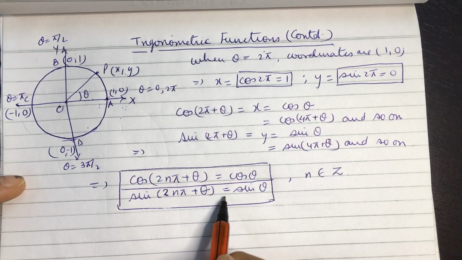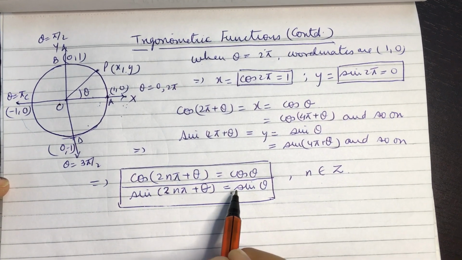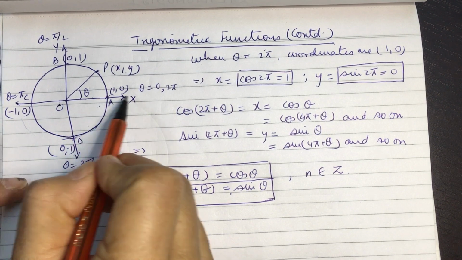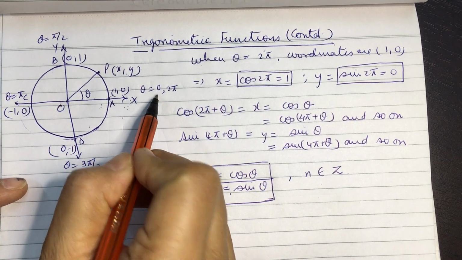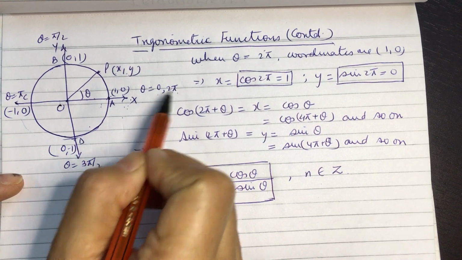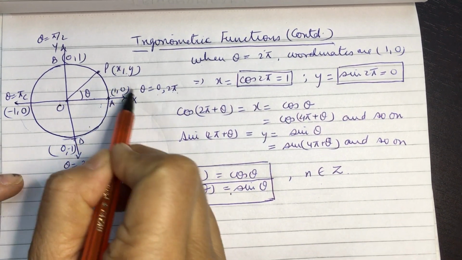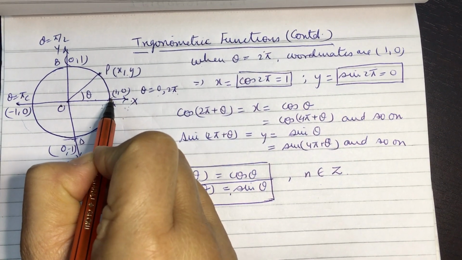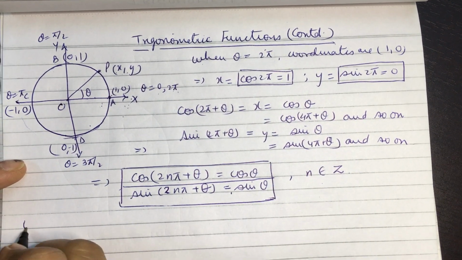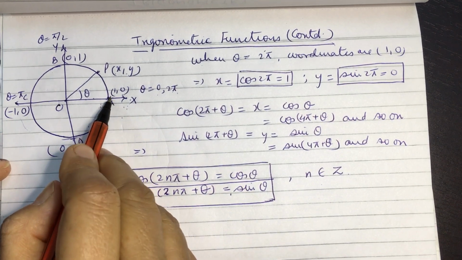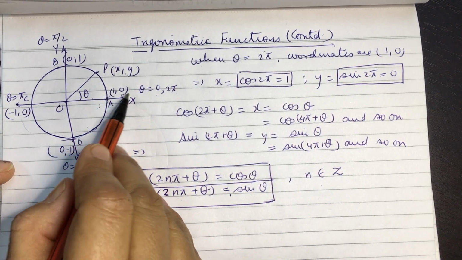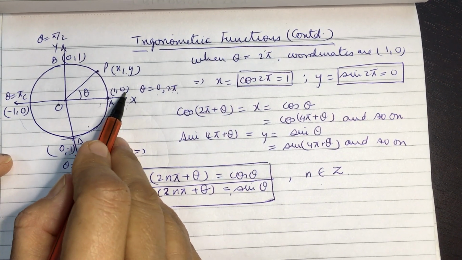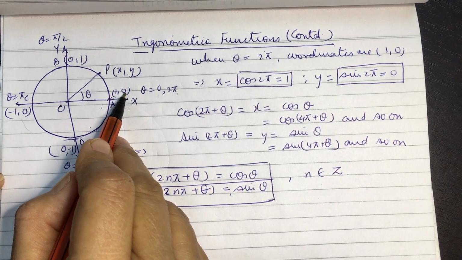Moving on, we see that when theta is 0 or 2 pi or 4 pi or 6 pi, we are at the same point A, so the value of cos of these angles is 1 and the sine of these angles is 0.